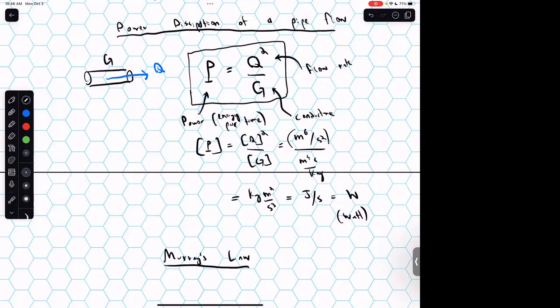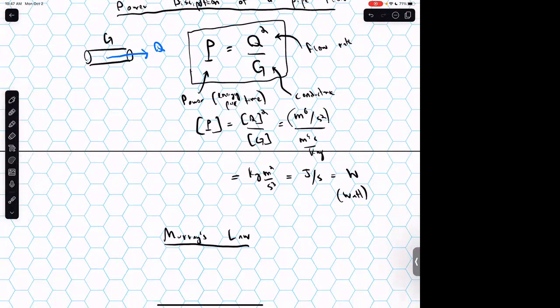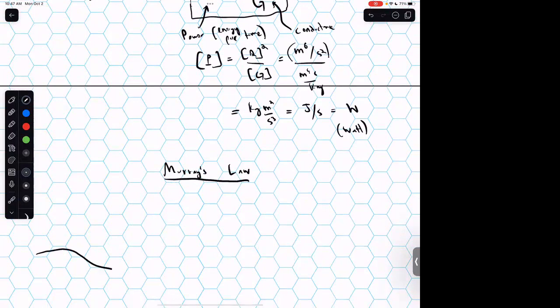Murray's law describes branching flow networks. Because I think this is particularly relevant to the circulatory system, we'll use a red fluid for Halloween or whatever. So I have some branching networks. I think that our circulatory systems are more or less a fractal, where you have these large vessels that divide into smaller vessels and they branch out like a tree.